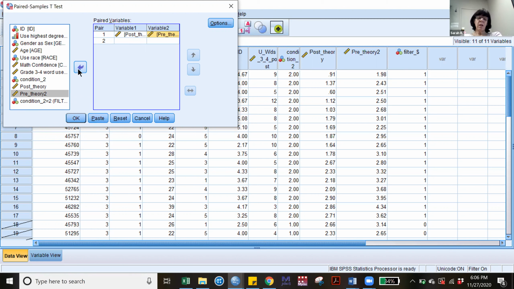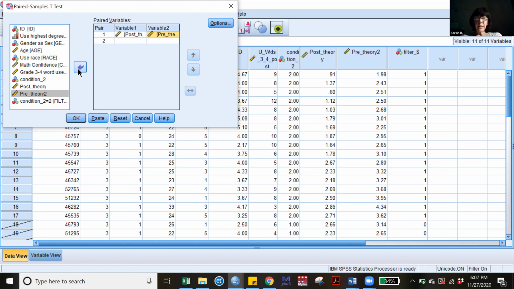I'm interested in whether there's an increase in malleability theory, whether you have higher malleability theory post-treatment than pre-treatment.